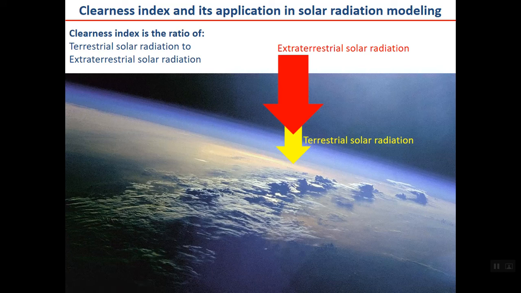So the Clearness Index in some way can show you the cloudiness of the sky, in addition to other molecules or dust, for example, or anything else which may exist in the atmosphere. But neglecting them, Clearness Index is simply higher in, for example, summer months, and will be less in the winter months.